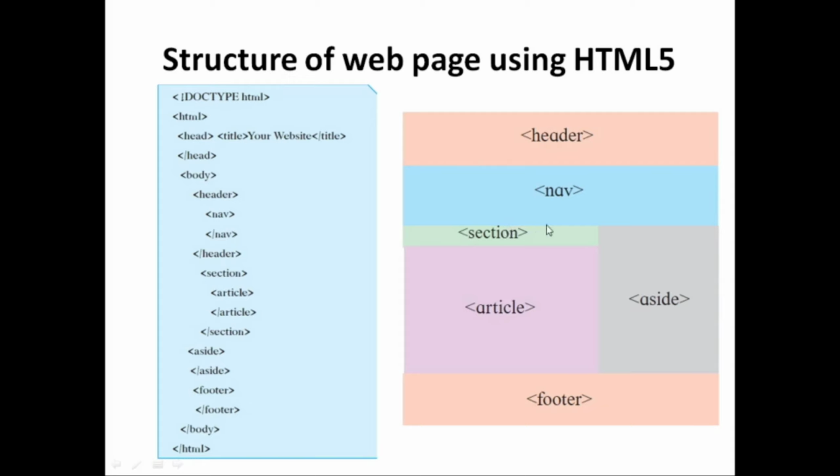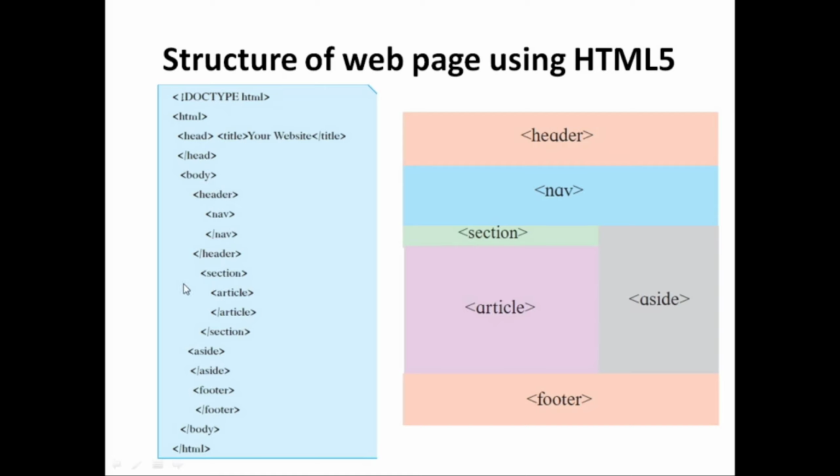Then begins your section. This is your section. Here comes your section, and within the section you have the article tag. If you want to write some information about a certain subject, you can write it within the section part. And then within the section you have the article.